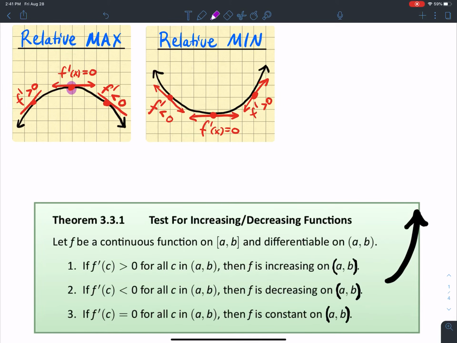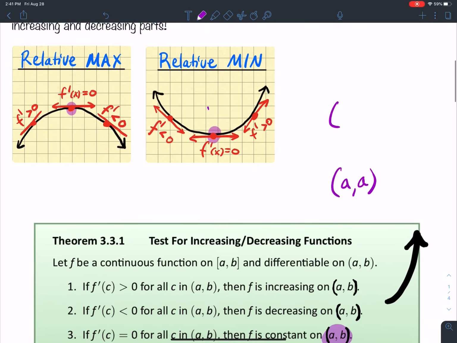The derivative is only equal to 0 at one point for both of those there. One point does not make an interval. You don't write a comma a. You would never write that. If this was like an x equal to 4 value here, you wouldn't say 4 comma 4. What you would say is the set {4}. Okay, so it's only one value.